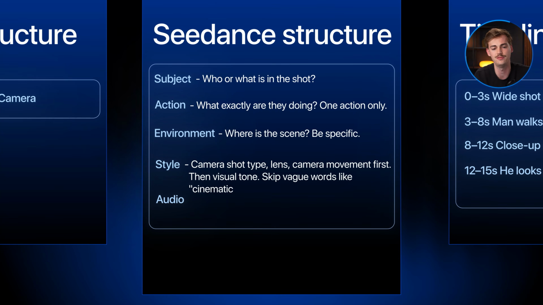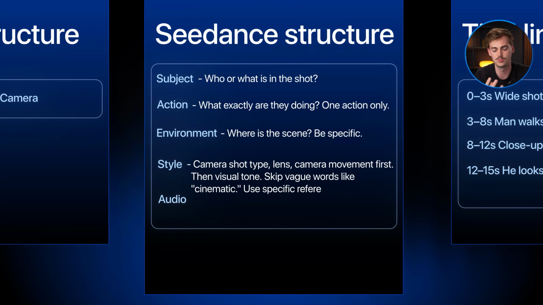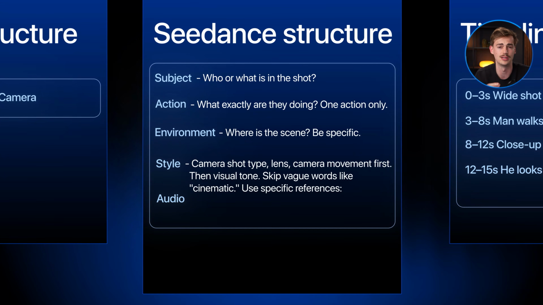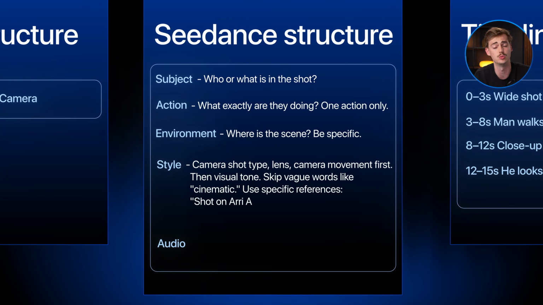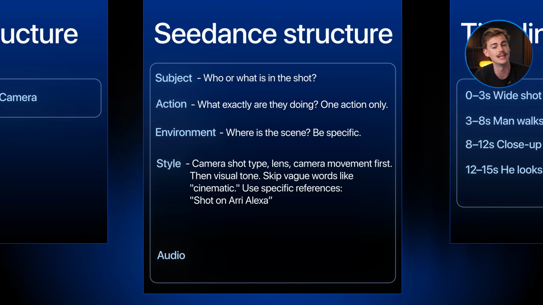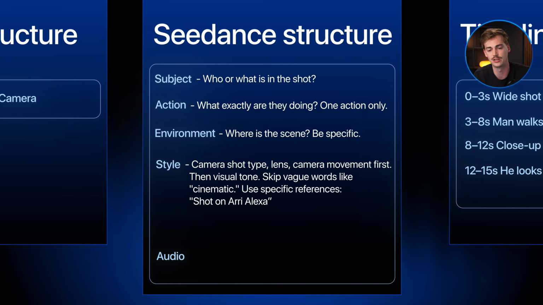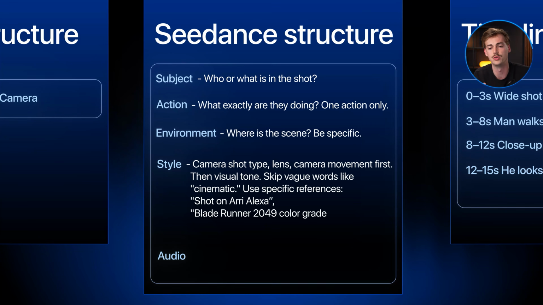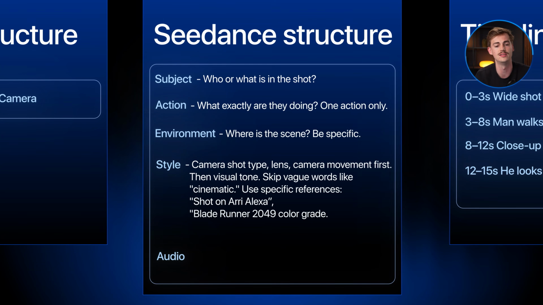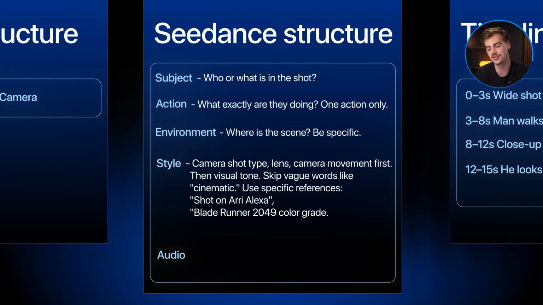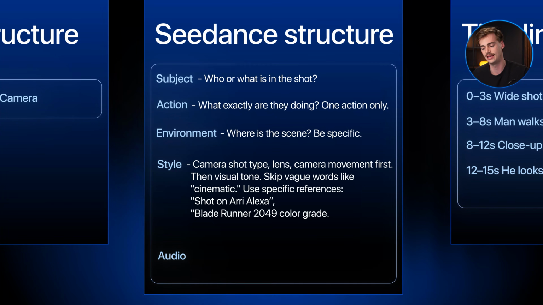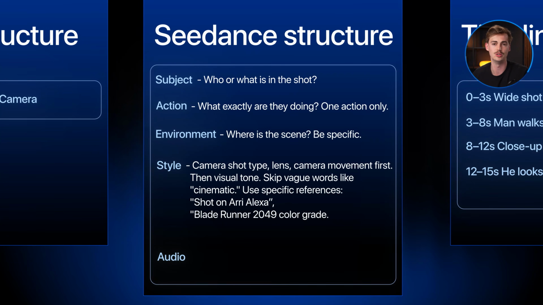You can skip any vague words like cinematic. You need to use specific references. For example, you can point out which camera you want it to be shot on, like an Arri Alexa, or you can do specific colors, like a Blade Runner 2049 color grade. The AI responds well to that because it has visual references for it. It has an understanding of what the image looks like from that.